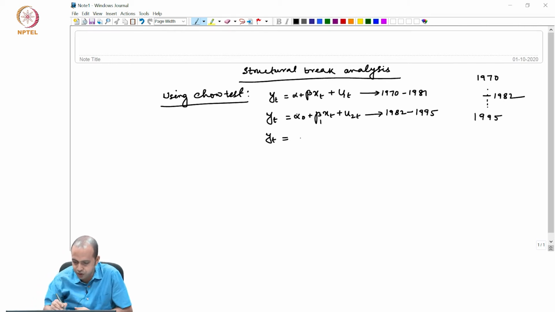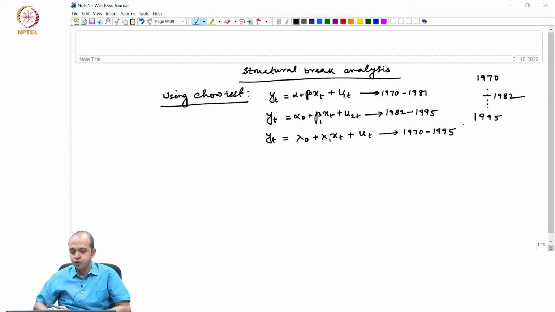The restricted model was y t equals lambda 0 plus lambda 1 x t plus u t, for the entire period 1970 to 1995.